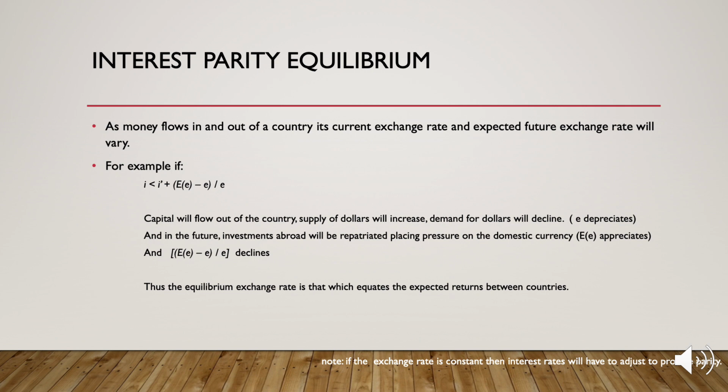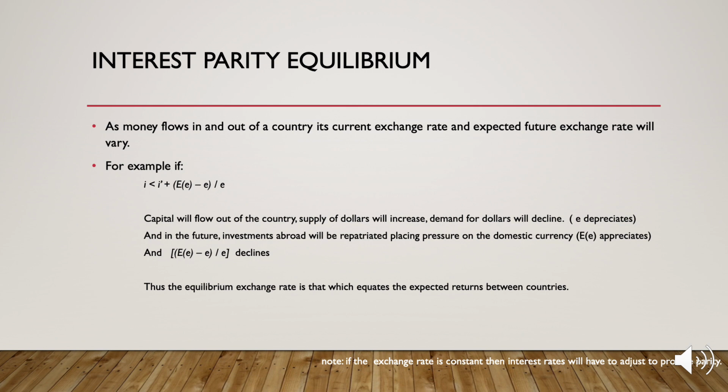Now, at 3%, the foreign rate of return would be the 2% on the bank deposit plus the 3% expected depreciation, totaling a 5% rate of return on foreign deposits, which would be equal to the domestic rate of return of 5%. At that point, capital would no longer flow out of the country, and the currency would no longer depreciate. So after capital has stopped moving, we've stopped seeing movement in the exchange rate, and we've found an equilibrium exchange rate.